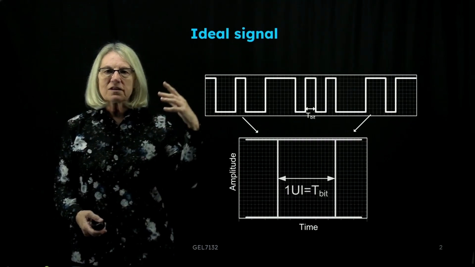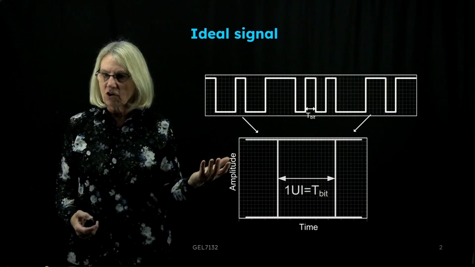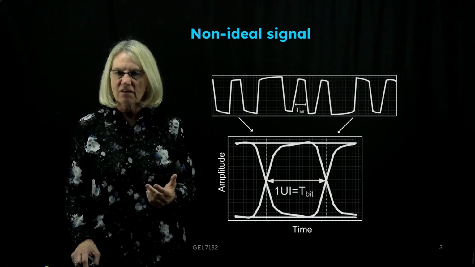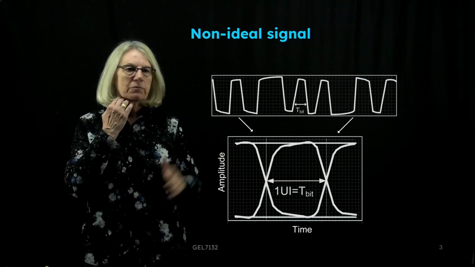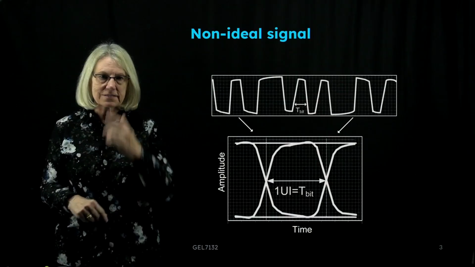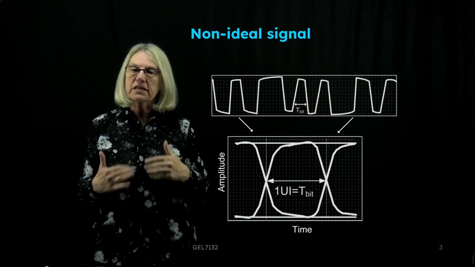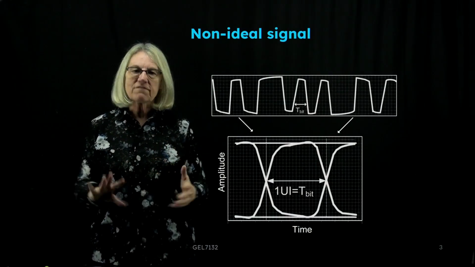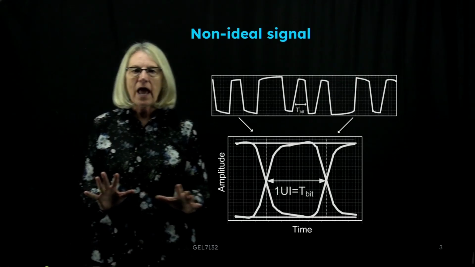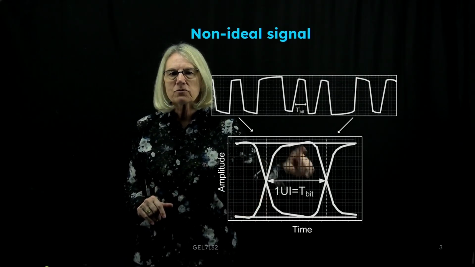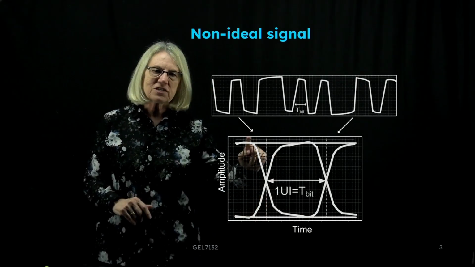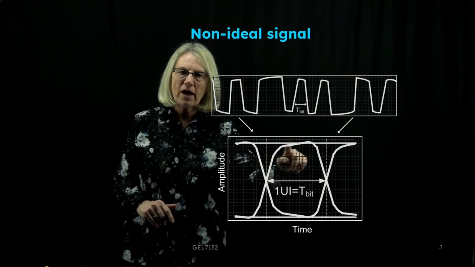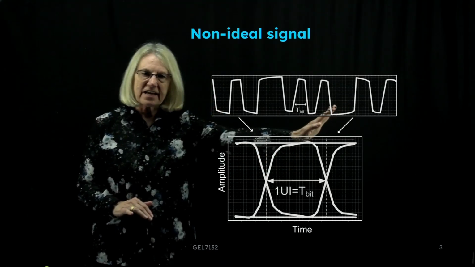Now, suppose that I have a more realistic signal, and it's not a perfect rectangle. There's distortion, maybe no noise, but at least distortion in my system. But I do the same thing. I have the same strategy. So I have this non-ideal signal, and now when I superimpose them, when there's a transition from a 1 to a 1, that stays up as a line on top.